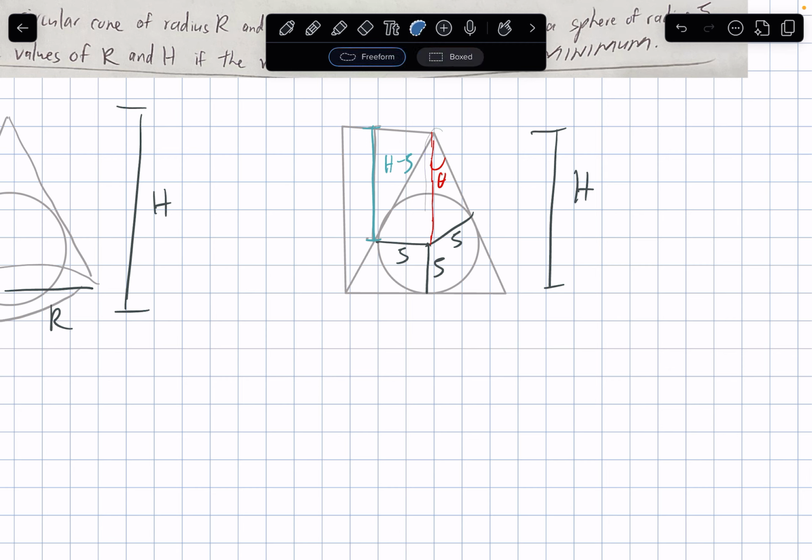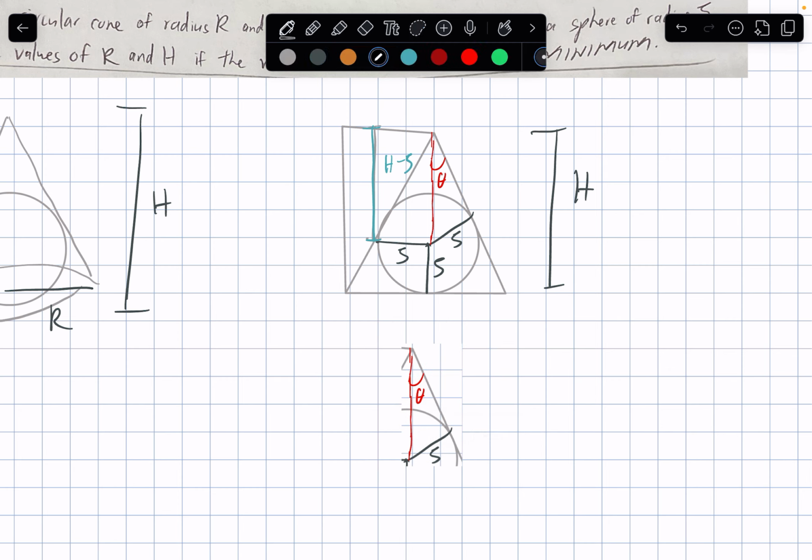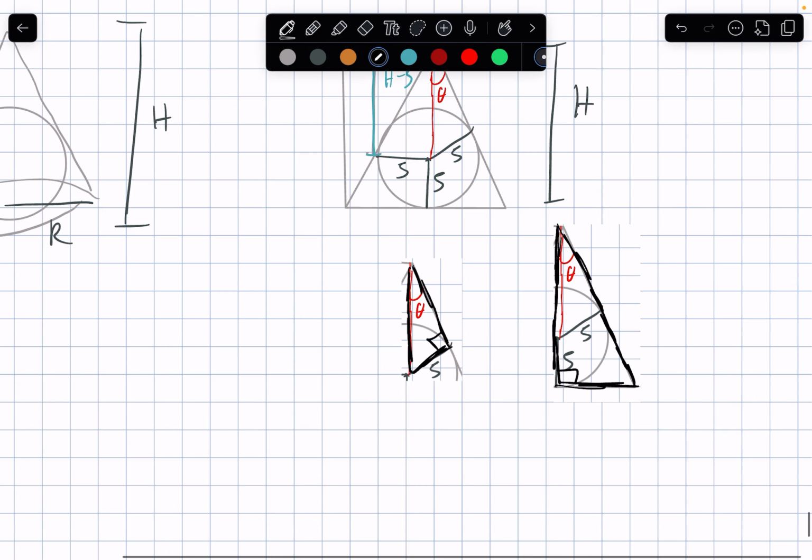So let me just show this portion. Copy, paste. So this portion is a similar triangle. Similar to what? This part. Essentially they are similar triangles.